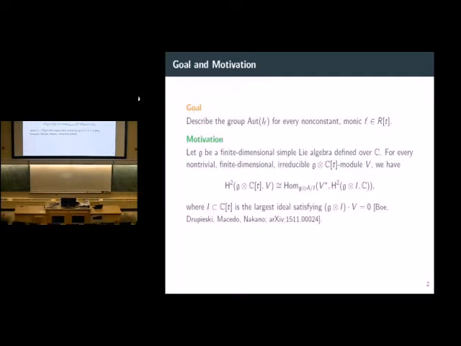It's called the current algebra, and one can try to compute the second cohomology of g tensor C[t] with coefficients in an irreducible finite dimensional module. Well, it turns out that the second cohomology is given by all the homomorphisms into the second cohomology of g tensor I, where I is the annihilator of this module. This was proved in a paper by Brian Boe, Chris Bendel, Dan Nakano, and myself.